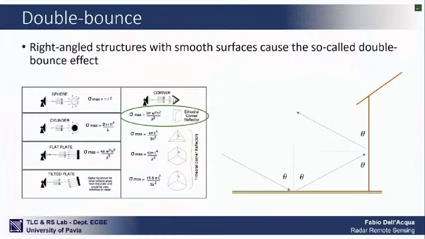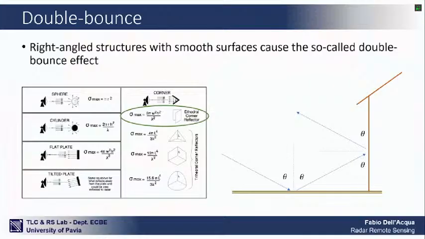A situation like this where you have a building and a surface in front of it is very effective in bouncing back the wave, but not always. Because if the building is oriented like this, then you shoot a wave to it and you get backscatter. But if the orientation was like this, not really. Because your wave would bounce here, then bounce there, then go away. Okay, so it's not always for granted.